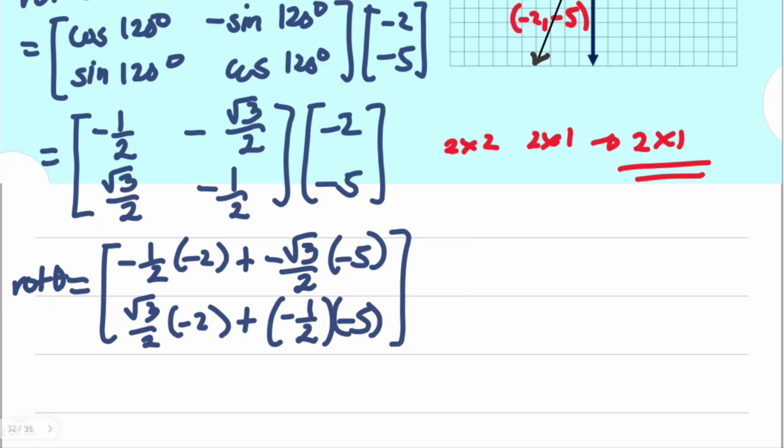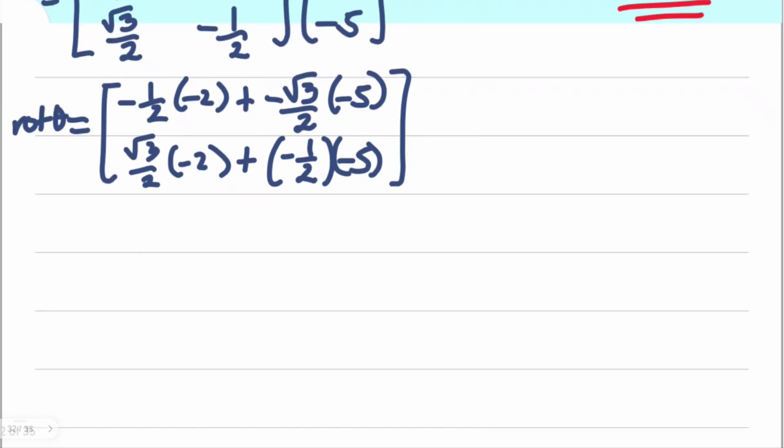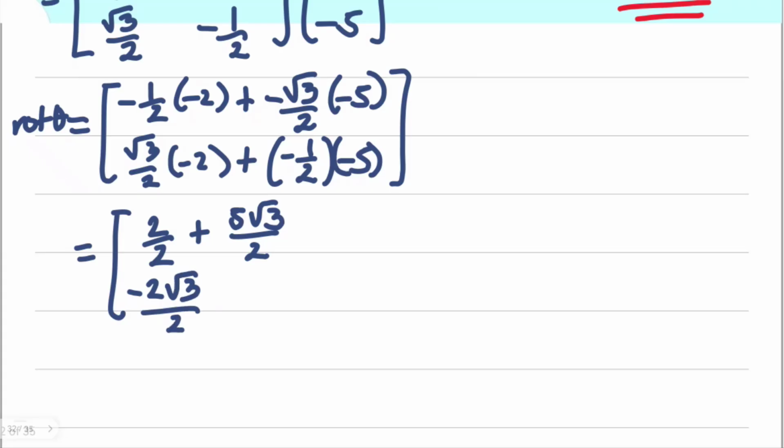Just for the purpose of simplifying this, I'm not going to simplify the 2 here because later on it can be added with the other term. So you will have positive 2 over 2, or just 1. Again, I'm not going to simplify that at the moment. So you will have plus positive 5 square root of 3 over 2. Next, you will have negative 2 square root of 3 over 2, plus positive 5 halves.